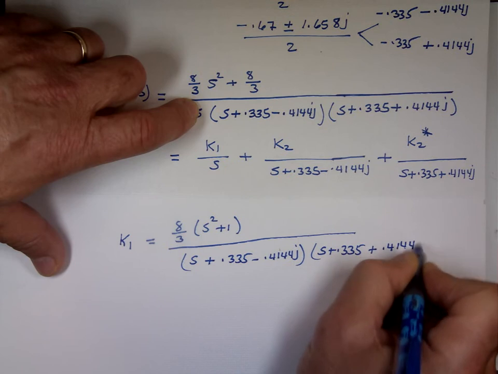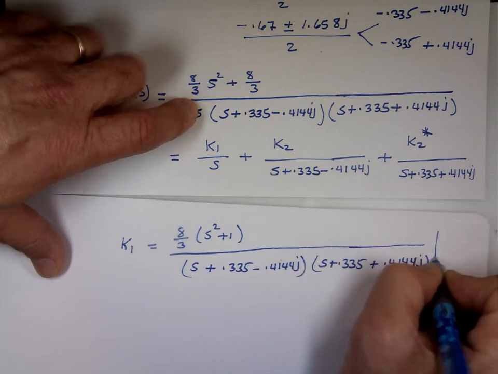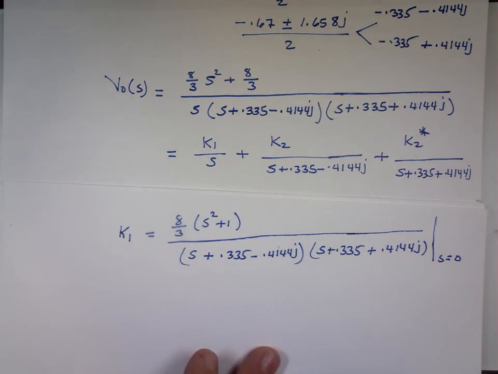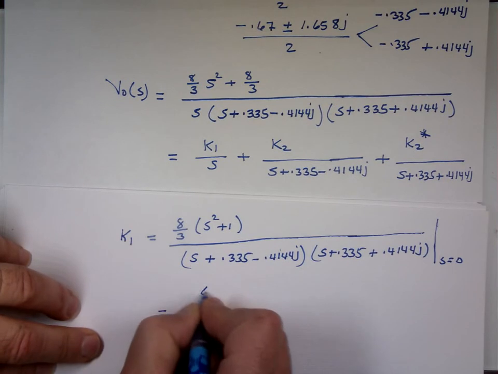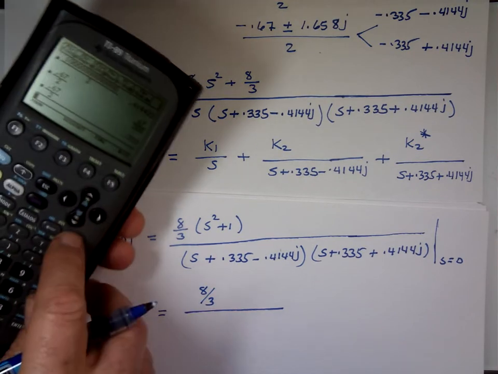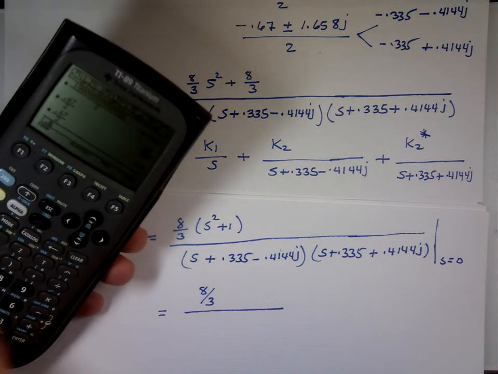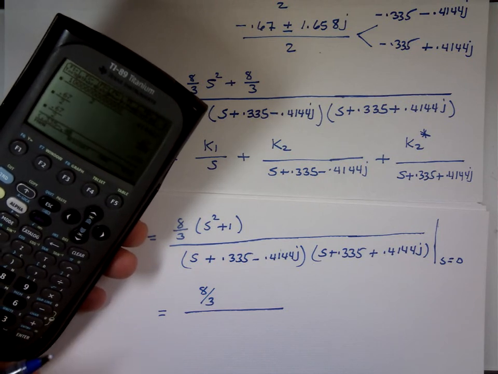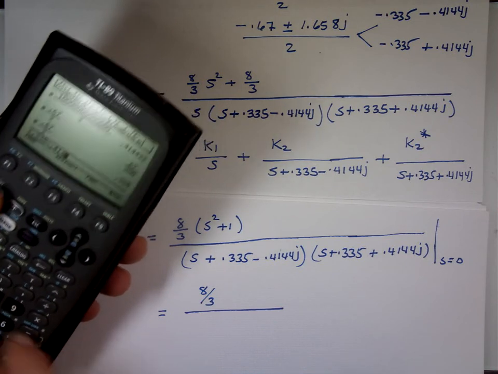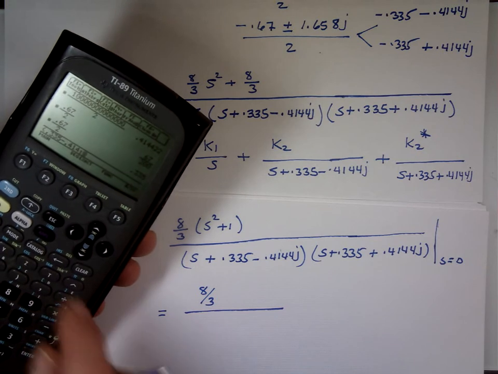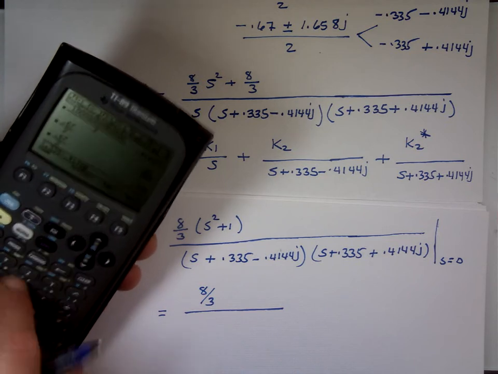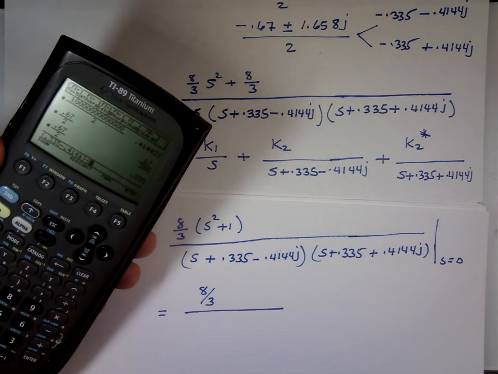When S equals what? What makes this one 0? 0. So I have 8 over 3 on the top. Let's look at the bottom. S is 0. So what's 0.335 minus 0.4144J, times 0.335 plus 0.4144J?